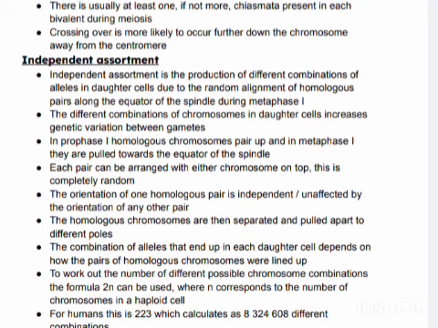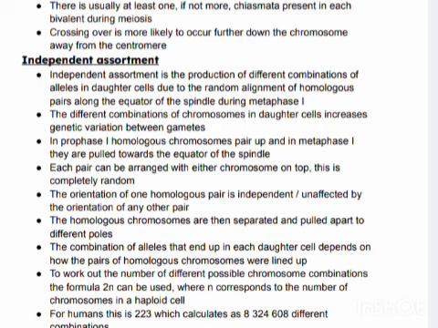Now, moving on to independent assortment. What is this? Independent assortment is the production of different combinations of alleles in daughter cells due to the random alignment of homologous pairs along the equator of the spindle during metaphase 1. We knew that homologous pairs were lining up. Any homologous pair might align in any random manner.